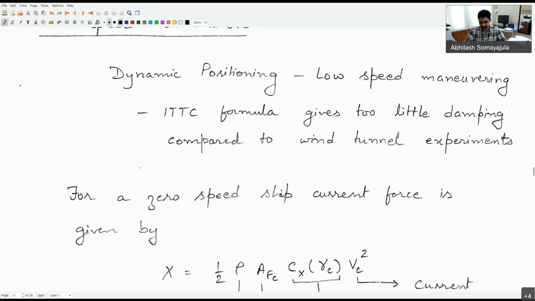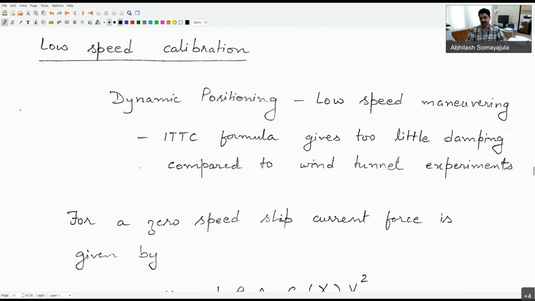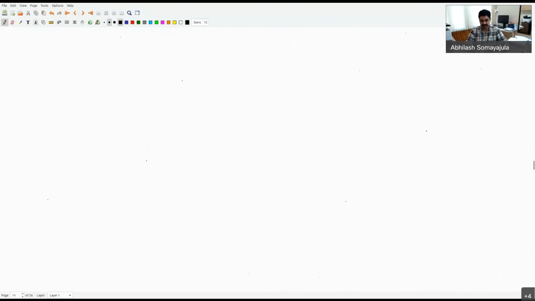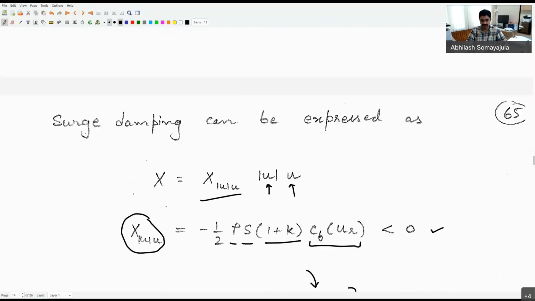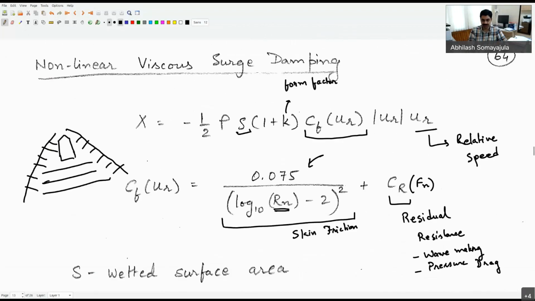Okay, now let's talk about the low speed calibration. Whatever we saw here, this formula for the frictional resistance in the surge damping, is primarily applicable for slightly higher speeds.